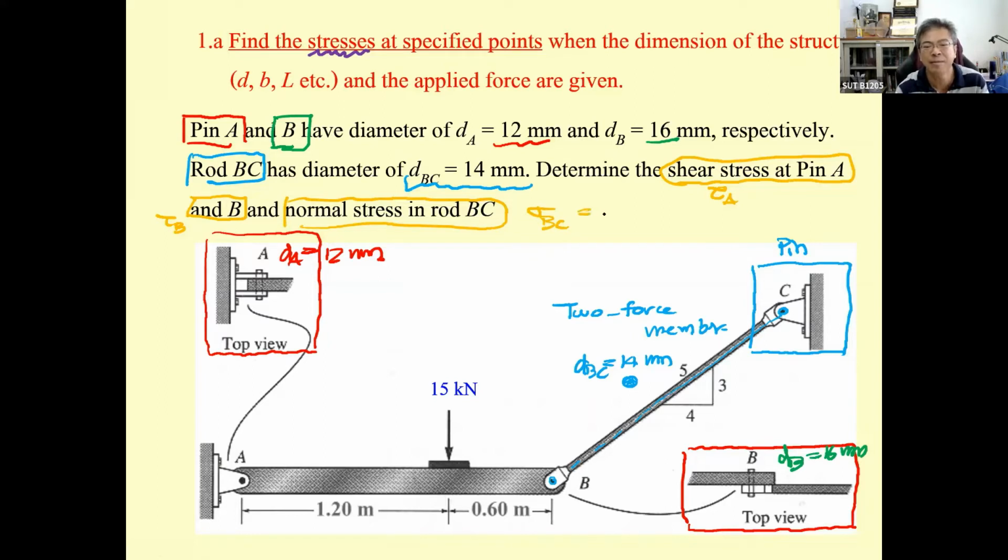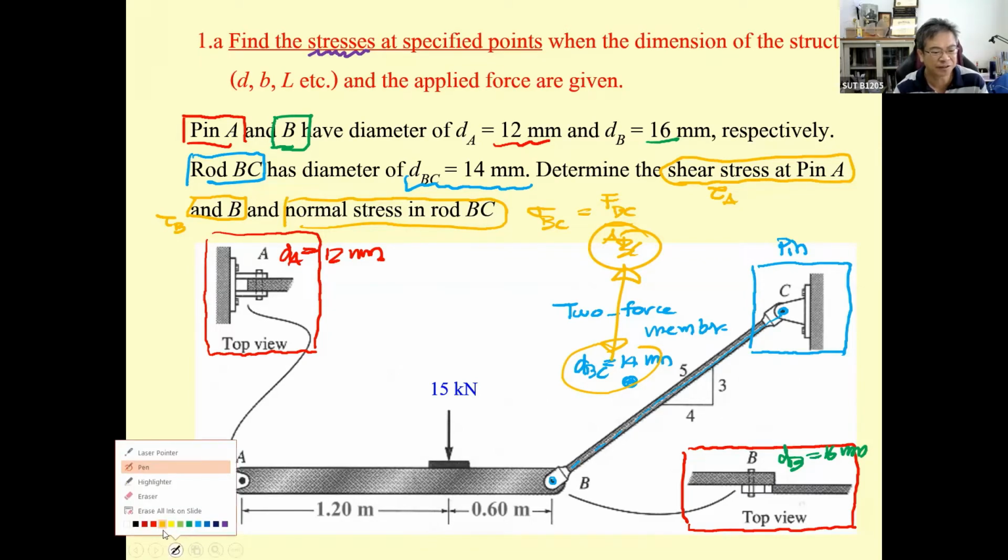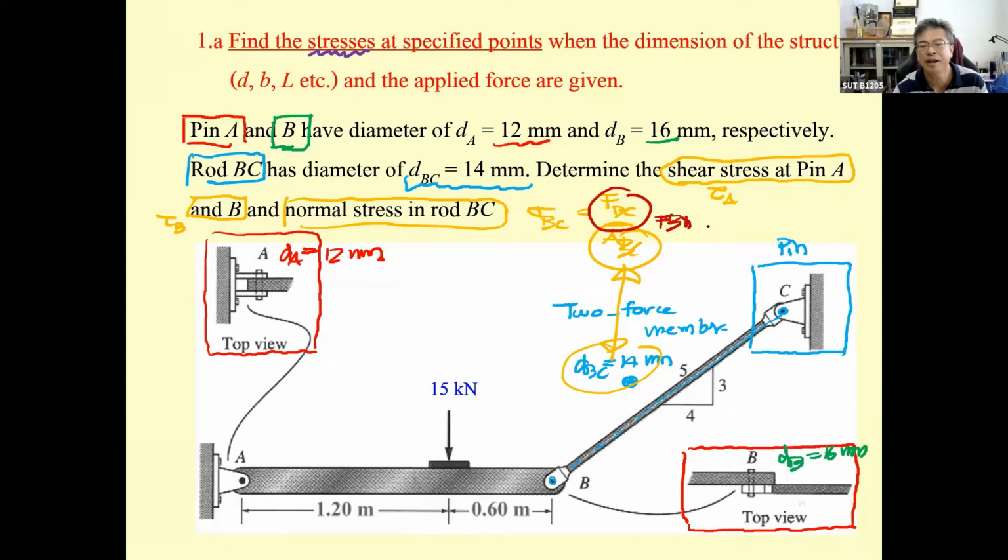Before you can determine this, you have to find F sub BC and then divide by the area. This one you know from the given diameter and the forces over here. We will use the free body diagram and the equations of equilibrium to determine it. So let's go.